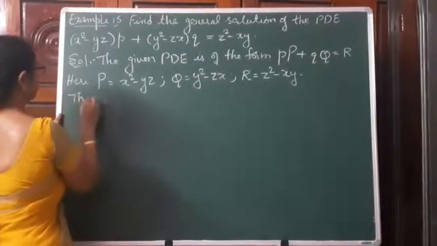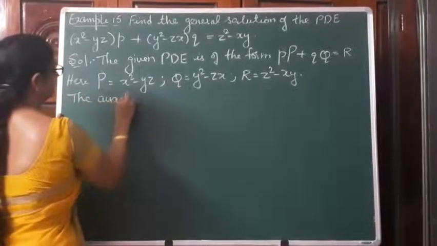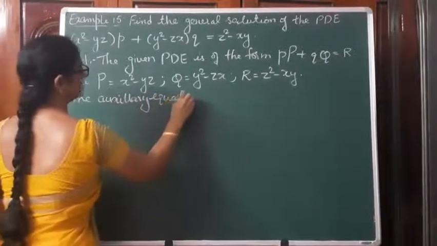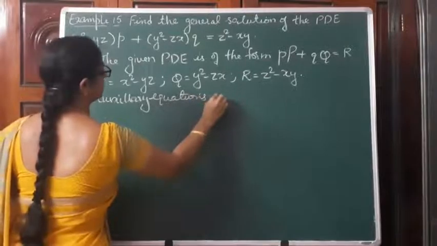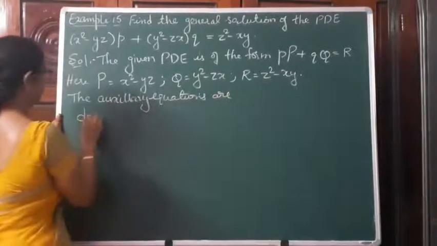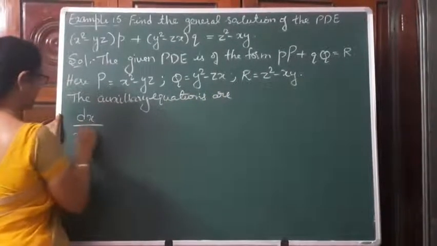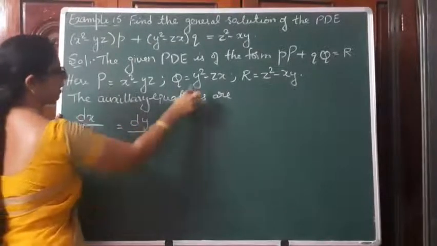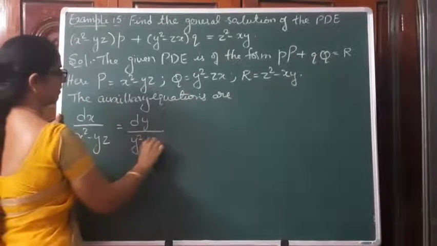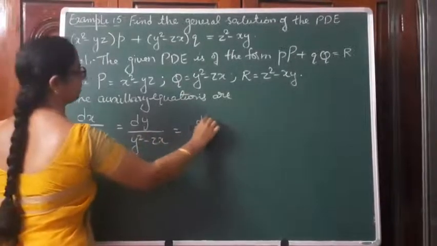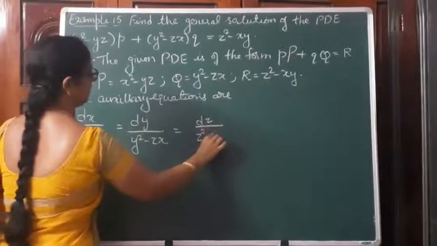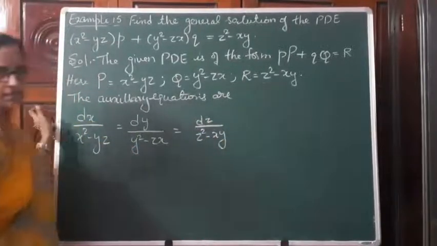The auxiliary equations are dx by P, that is dx by x square minus yz, is equal to dy by Q, that is dy by y square minus zx, is equal to dz by R, that is z square minus xy. These are the auxiliary equations.